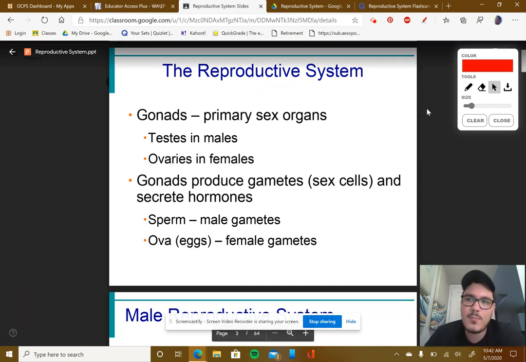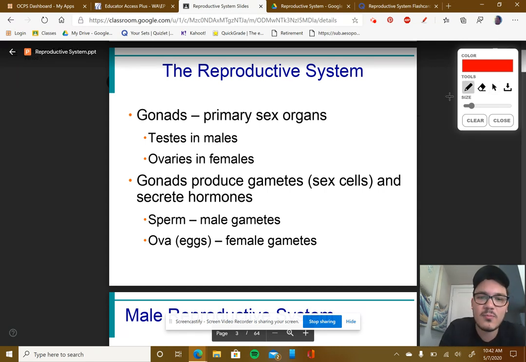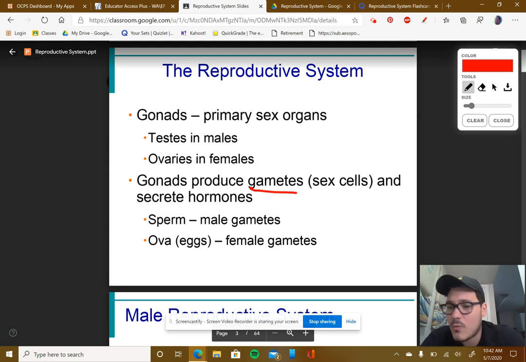That's a nice word to pay attention to. I'm just going to underline that for us real quick, but that's definitely going to be a key vocab term for this unit. So gametes are considered our sex cells. They secrete hormones, which we learned all about back in endocrine system, so not new there. Now, with regards to the gametes, the biggest thing to comprehend, and we'll talk more about that later in this unit, is that they're considered haploid. This is pure biology review.